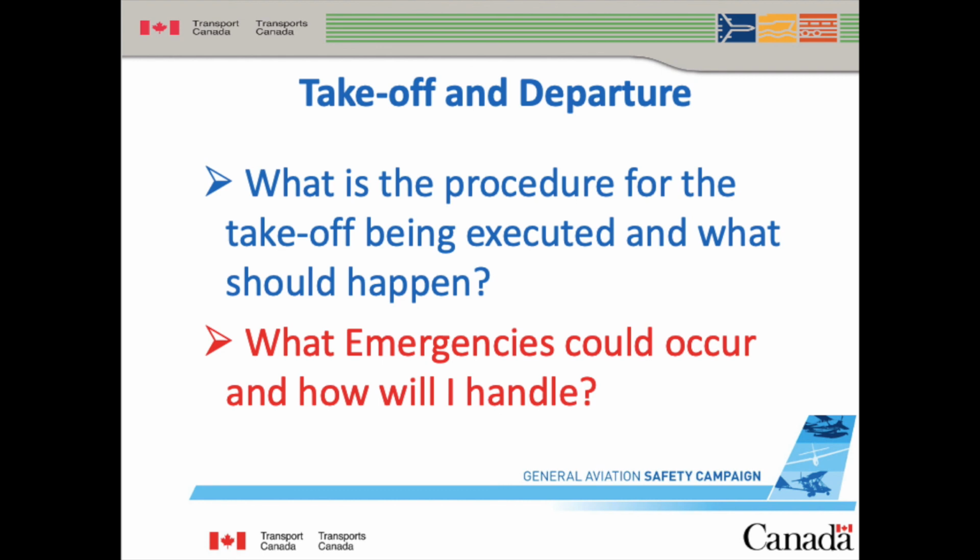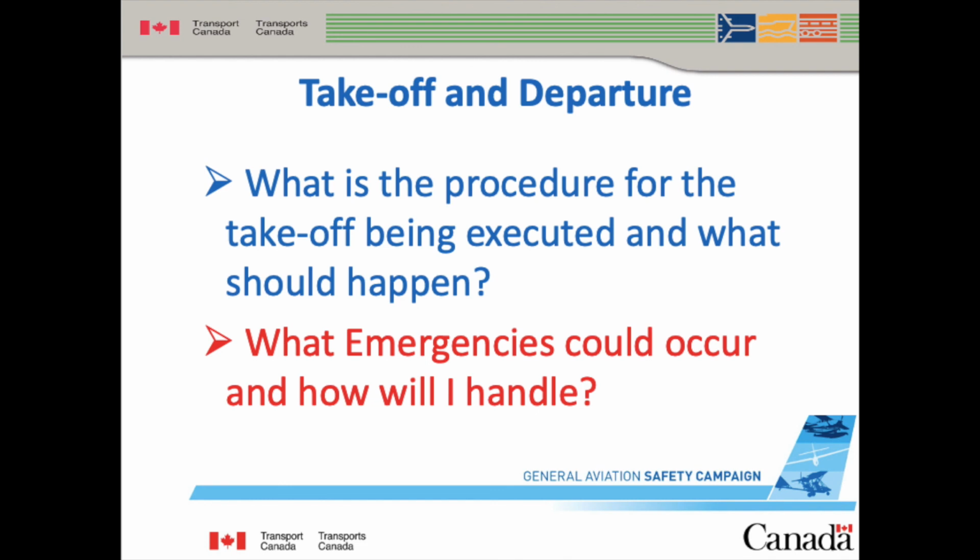Review the procedure, and really that procedure is only three or four steps. Okay, brakes on, hold the brakes, full power. Do I get the RPM I need? Mixture rich, throttle fine if I have a variable pitch. Release the brakes. Is it accelerating the way I expect? Is the airspeed showing up? Okay, I have rotation speed.